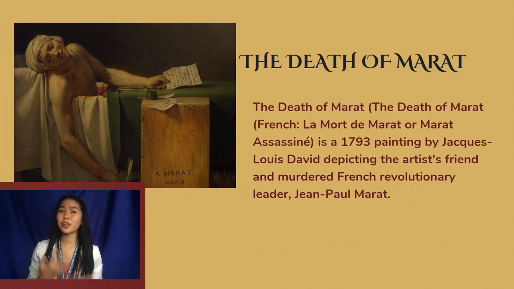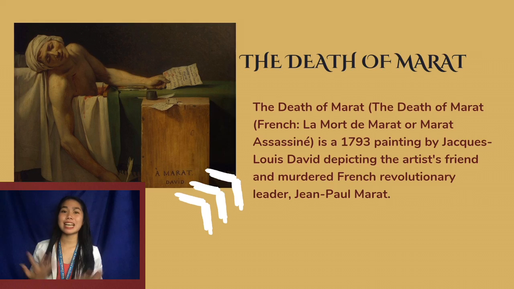First we have The Death of Marat. The Death of Marat is a 1793 painting by Jacques-Louis David depicting the artist's friend and murdered French revolutionary leader Jean-Paul Marat. So it is one of the most famous images from the era of the French Revolution.